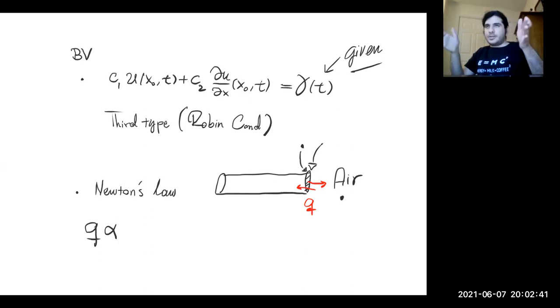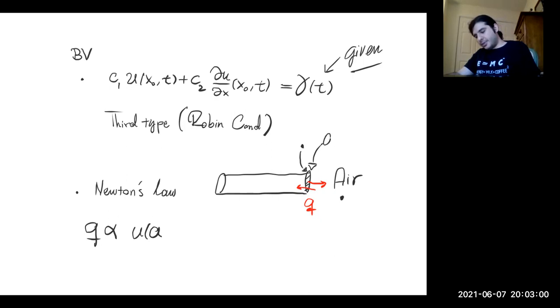If the difference in temperature between air and our bar is large at this point, we can expect a lot of heat going out or coming in. But if the temperature is almost the same, we expect the heat wouldn't go out or come in. So it's proportional to the difference of the temperature.